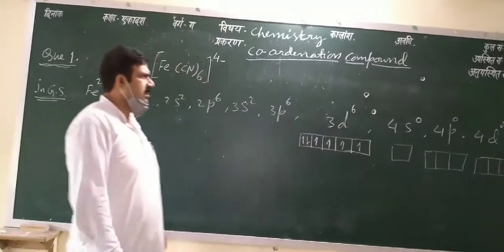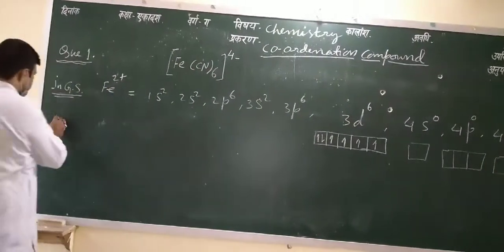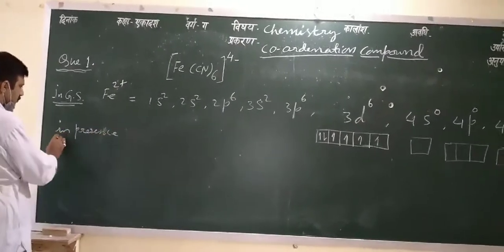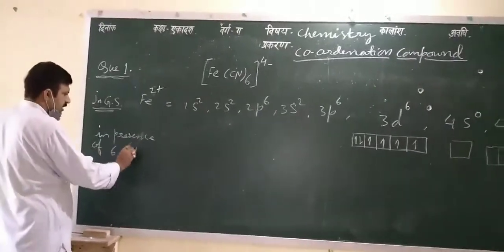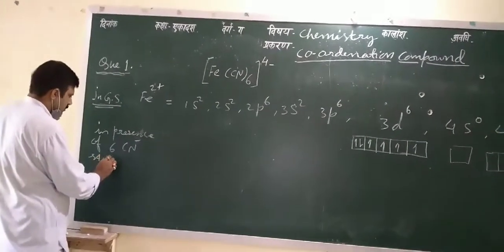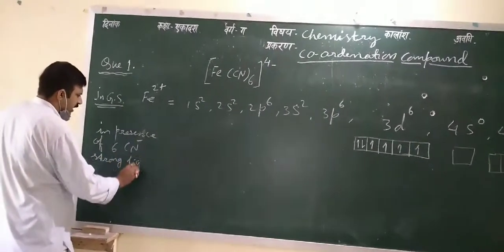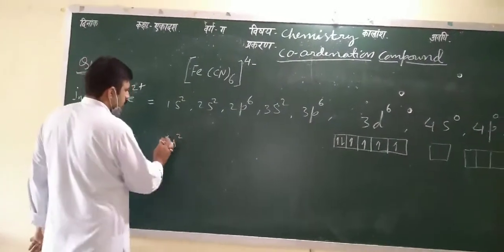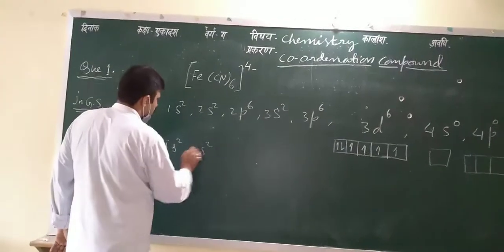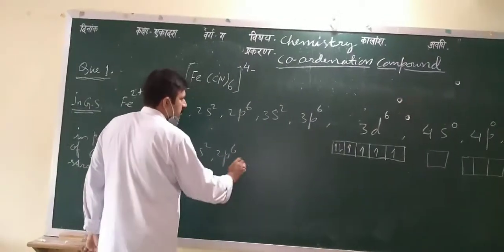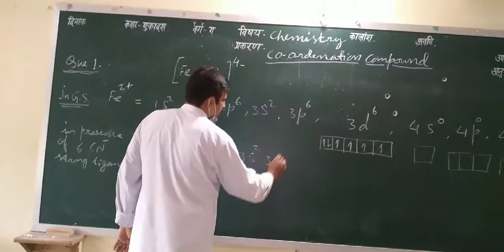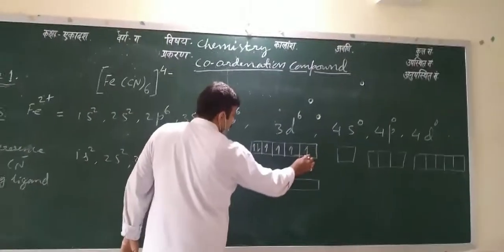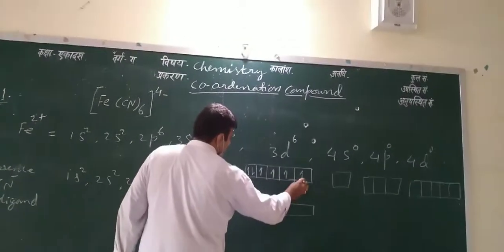So in [Fe(CN)6]4-, what happened? In presence of 6 CN- strong ligands, pairing will take place. It is 1s2, 2s2, 2p6, 3s2, 3p6, and in 3d, these electrons will pair.